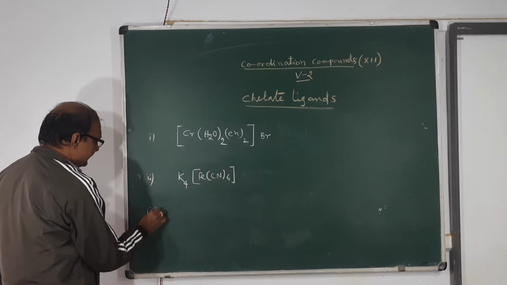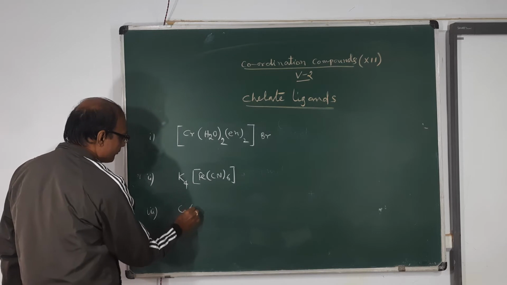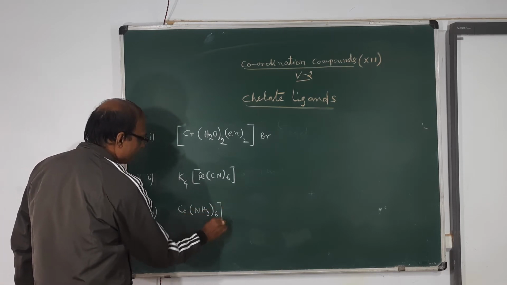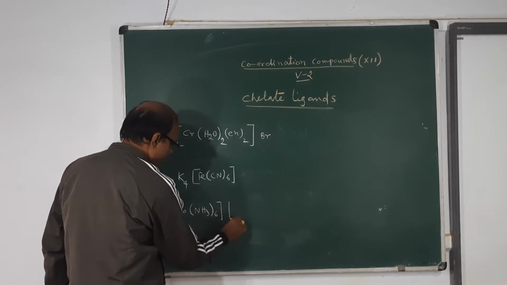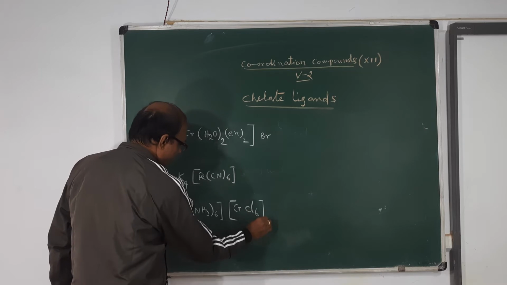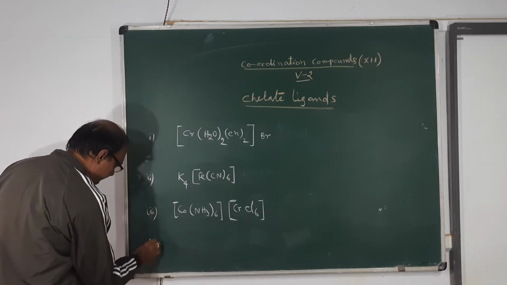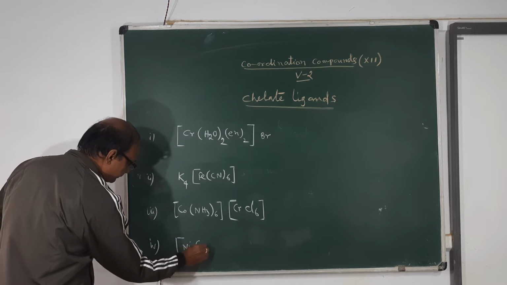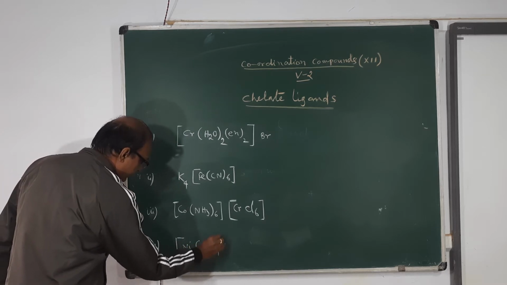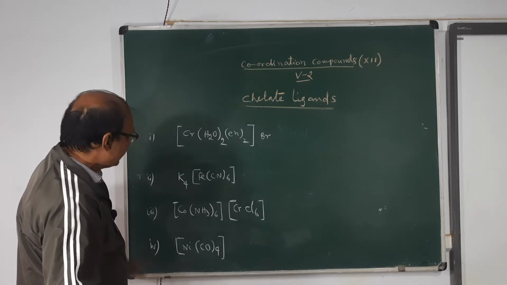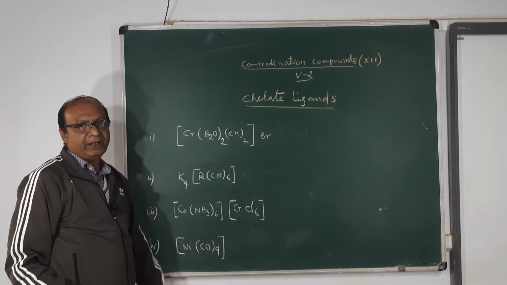This is number 3. And this is number 4. So we have written 4 examples, 4 formulas of complex compounds.